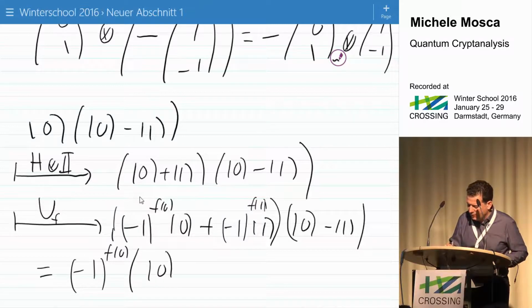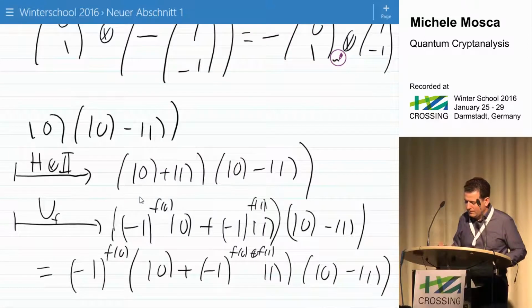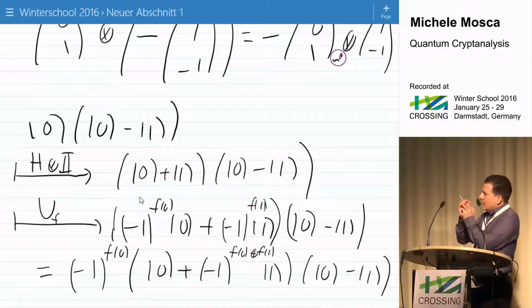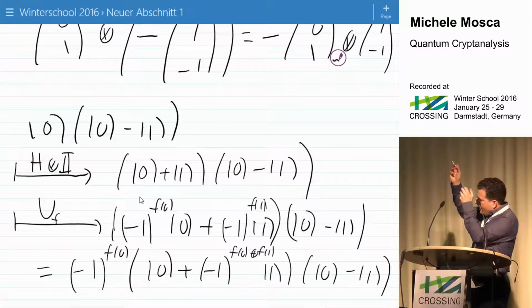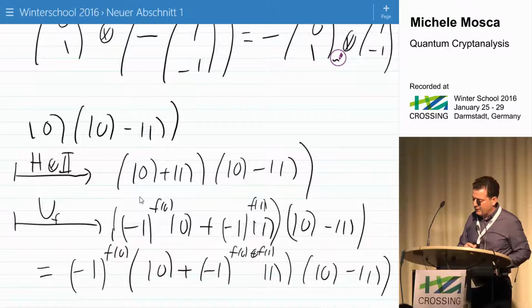So it's 0 plus, and then this you can rewrite as f at 0 XOR f at 1. Take minus 1 to the f at 0 times minus 1 to the XOR of f at 0 and f at 1. The f at 0's cancel out, and you're just left with minus 1 to the f at 1. So this is just a very simple factoring out of that phase factor.